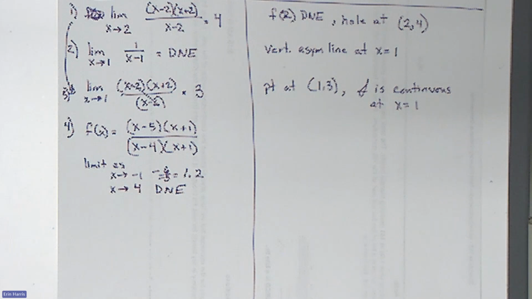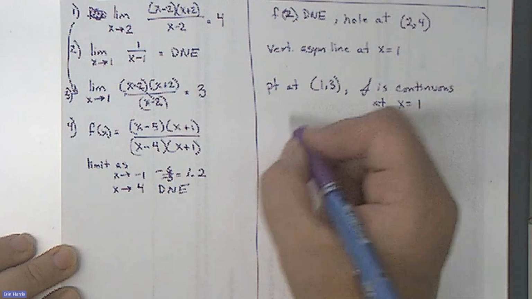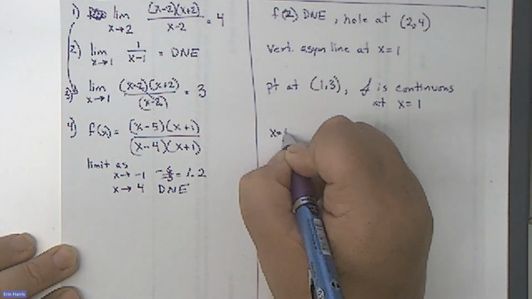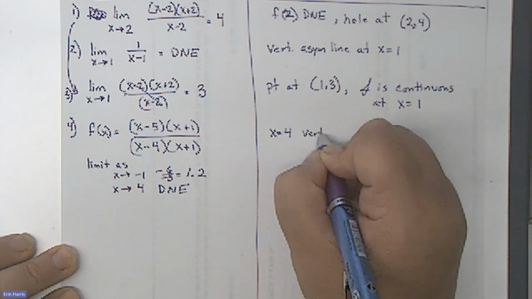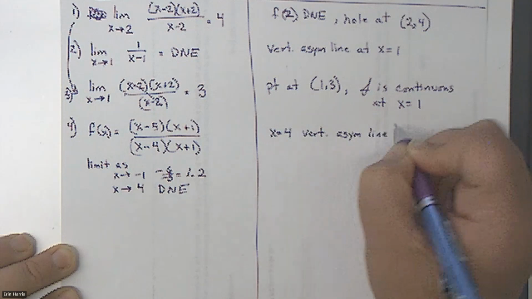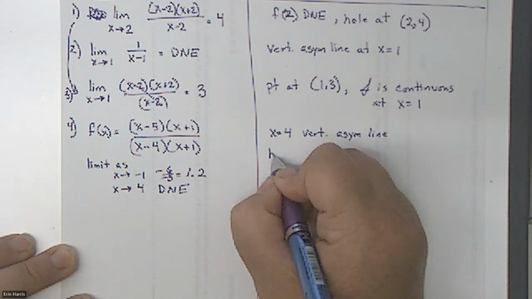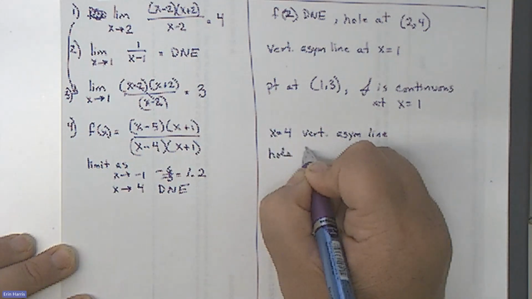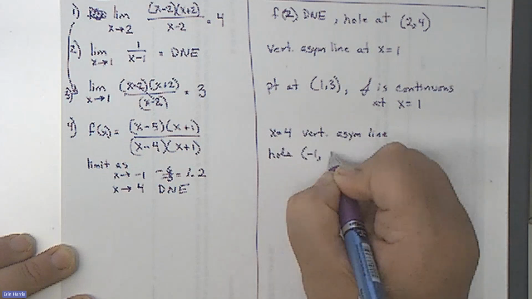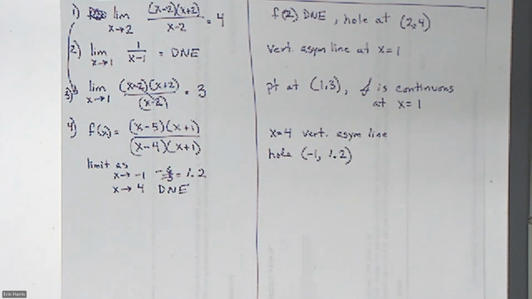That tells me something about what's happening graphically. If you looked at the graph, at x equals 4 there's a vertical asymptote line, but there's a hole in the graph at (-1, 1.2).